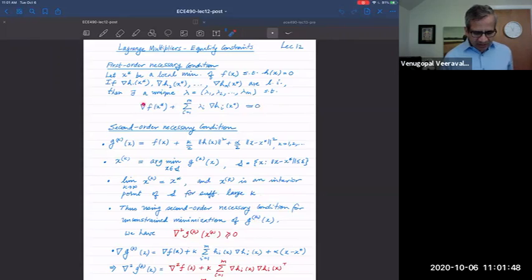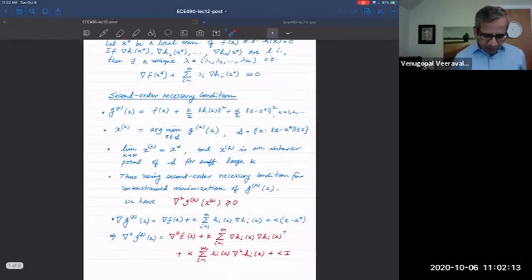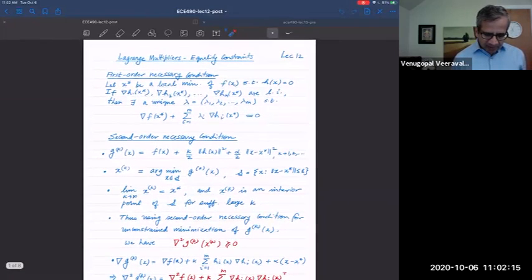It's not just that the gradient of f at x star is 0, but when you add the linear combination of the gradients of the constraints, that becomes 0 at a local minimum of the constrained optimization problem. These lambda i's are called the Lagrange multipliers. This is what we proved in lecture 11.